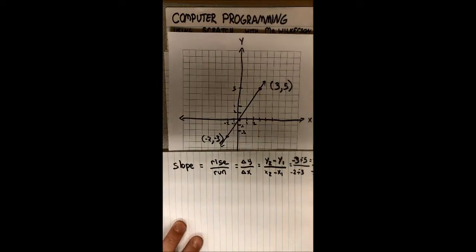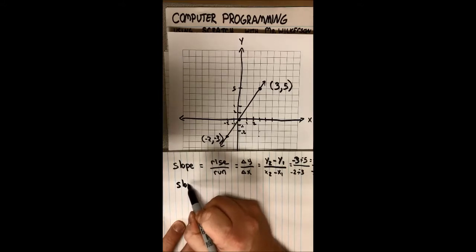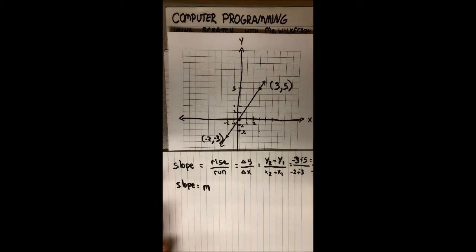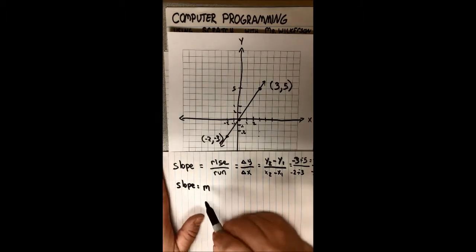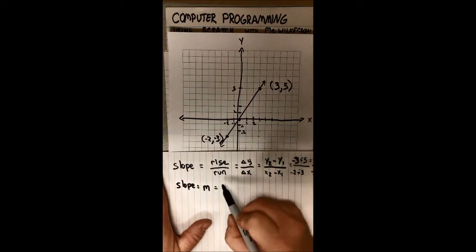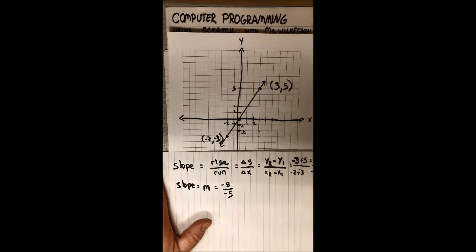So the slope, in this case, the slope of our equation, and we show that with the letter m. So the slope is equal to all of this work, which is -8 over -5.